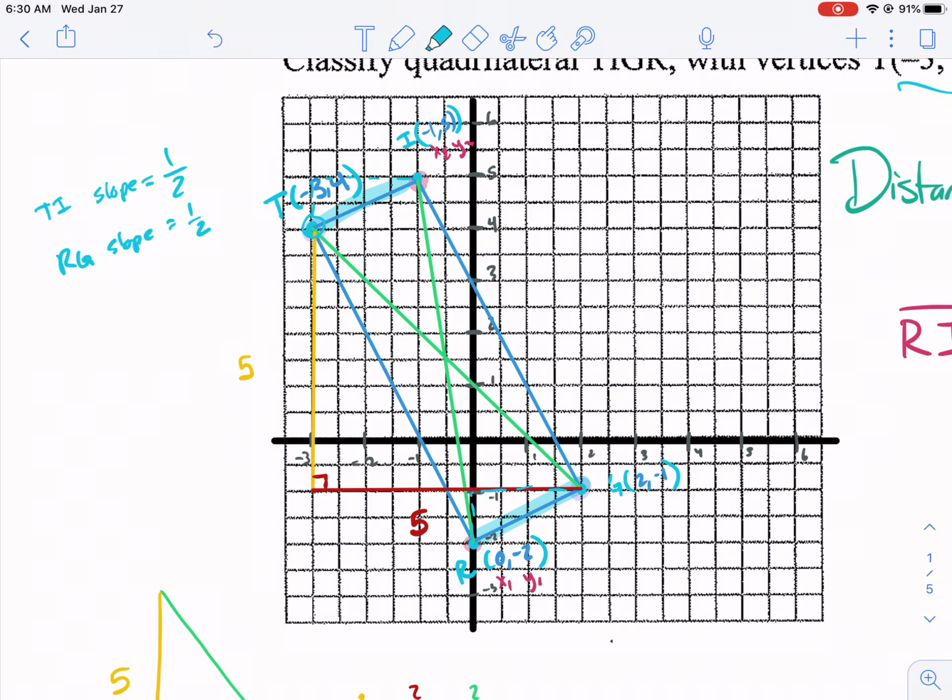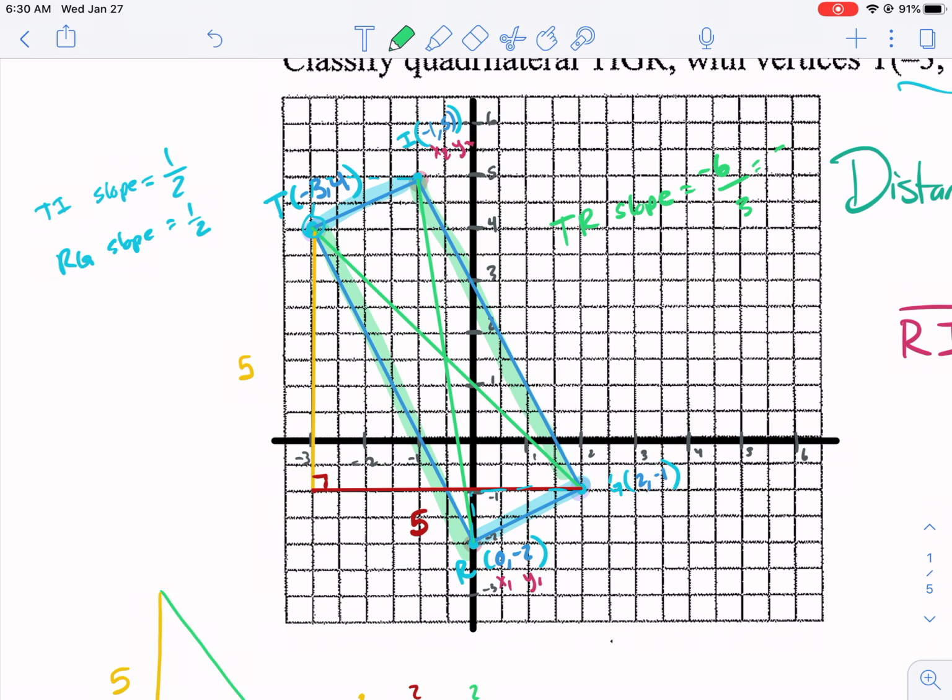We should probably verify the opposite sides are parallel here also, right here, with these green ones. So we have TR slope is equal to down, okay, I'm going to go from here, 1, 2, 3, 4, 5, 6. So I went down 6. Negative 6 over, that's my rise, over, how much do I go over? 1, 2, 3, over 3.